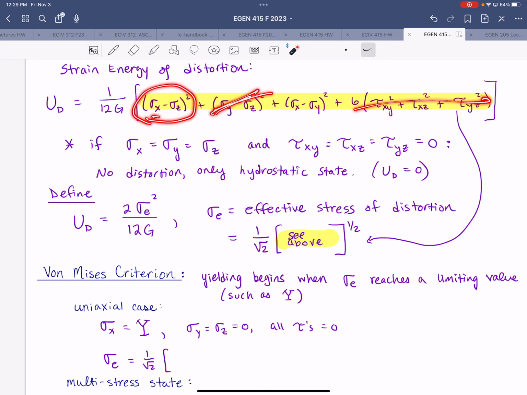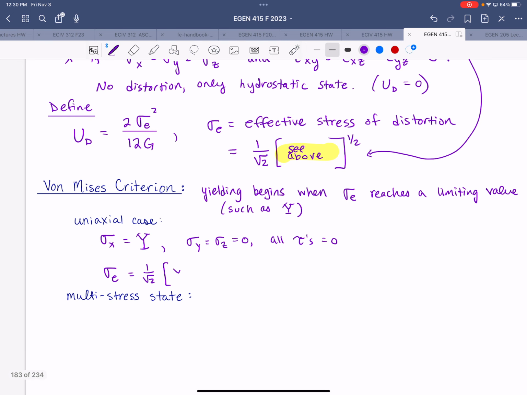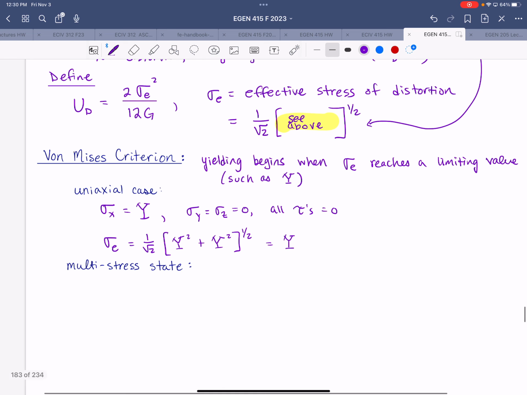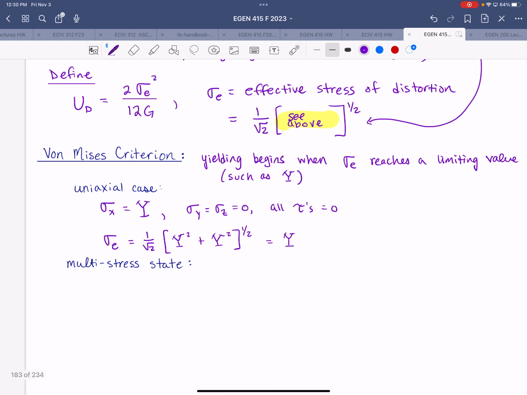So we're just going to be left with sigma x squared plus sigma x squared. So since we set sigma x equal to the limiting value, that's going to be the yield stress squared, and then square root of that. So this comes out to just the yield stress. So then for a multi-stress state, we can set that effective stress of distortion equal to the onset of yield.